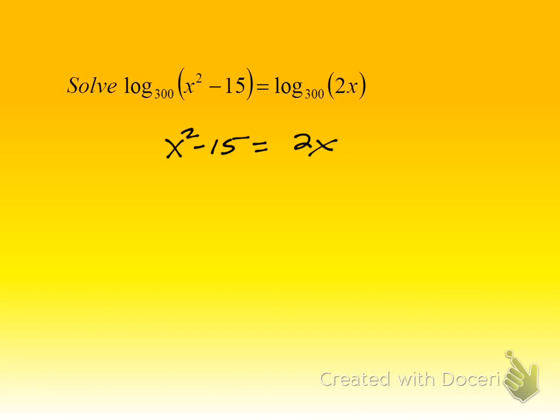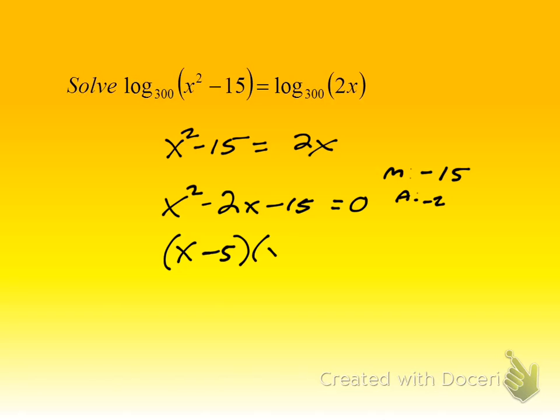What type of equation is it? Quadratic, good. So it said equal to 0, so x squared minus 2x minus 15 equals 0. Multiply to negative 15. Add to negative 2. Which two numbers get that done?